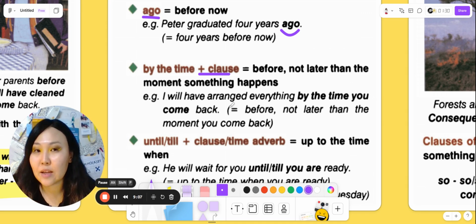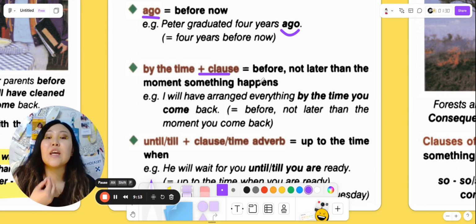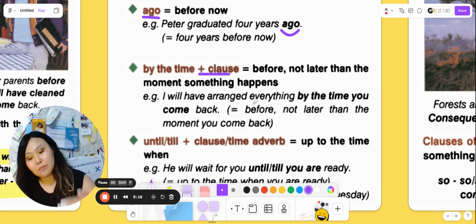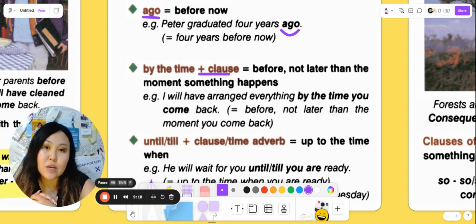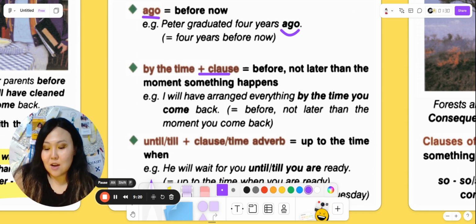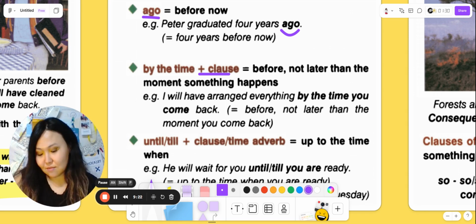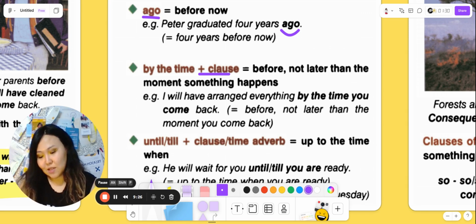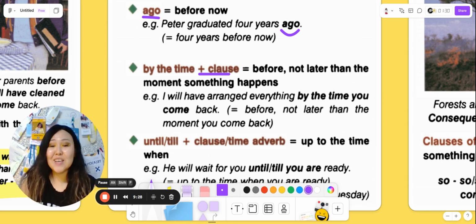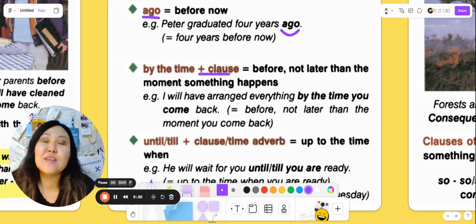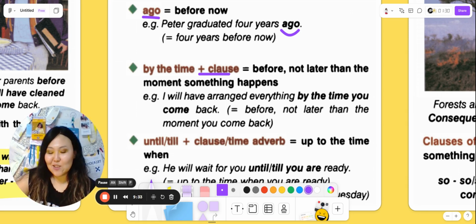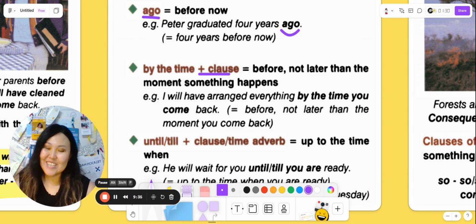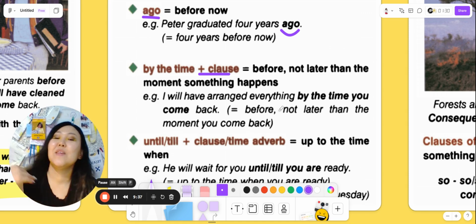I hope you recognize the tense. I hope you said future perfect. I will have arranged. So it means by the time you come back, everything will be ready. I wish someone said it to me, like, I will have cooked everything before you come back. My dreams.